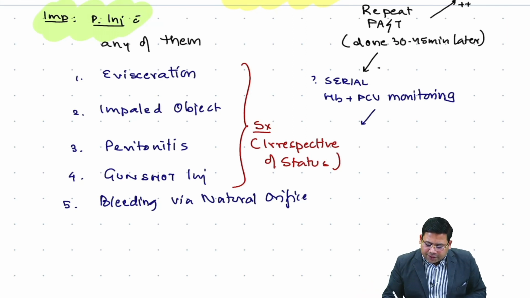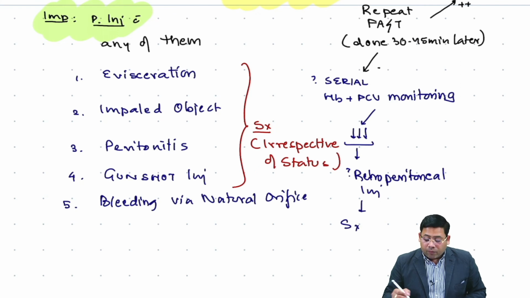So if it is decreasing, then it is indicative of what, students? Retroperitoneal injury. And if it is a case of retroperitoneal injury, then we need to go for surgery. If it is constant, then you need to go for observation.